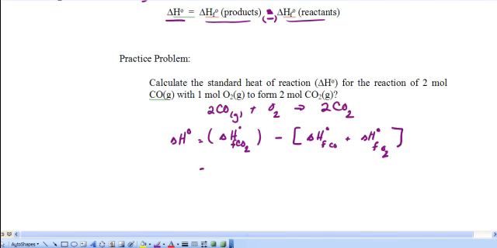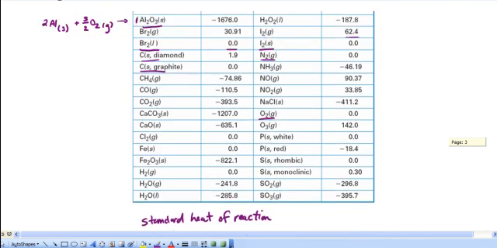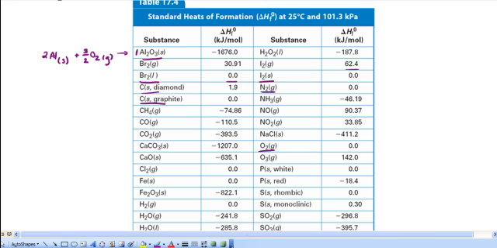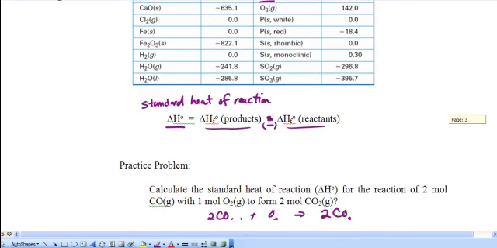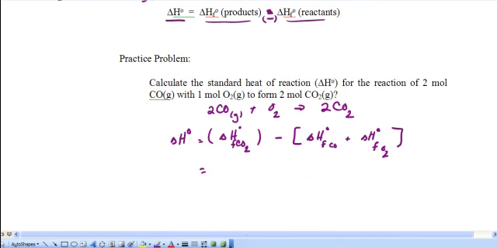Alright? And so when you perform that calculation, let's start with the CO2. As you go up here, the formation of the CO2 is a negative 393.5 kilojoules per mole. That's for 1 mole. However, we are actually forming 2 moles. So we're going to have 2 times the negative 393.5 because you are forming 2 moles. That value up in the table is only for 1 mole.